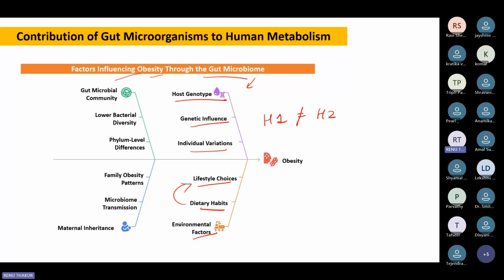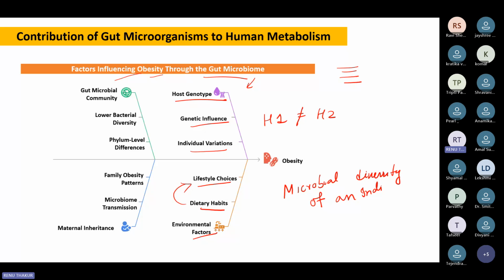So you have to consider each and every factor while considering the microbial diversity of an individual. You can't just say that these are the 4 factors which will contribute to the microbial diversity of an individual.